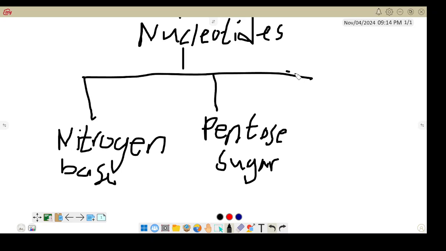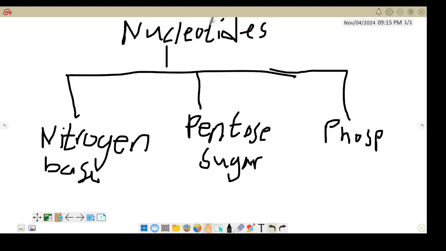And then we also have the last group, which is the phosphate. We have the phosphate group. So this is phosphate here.